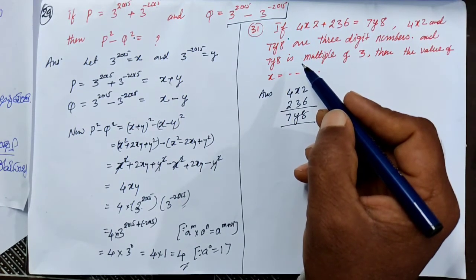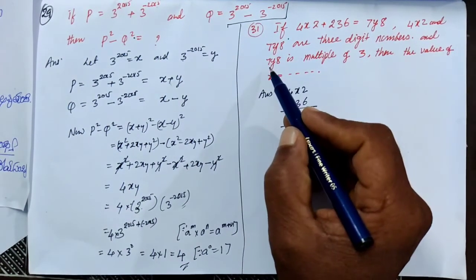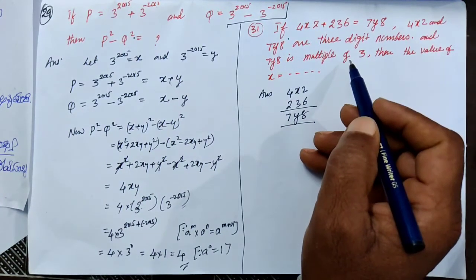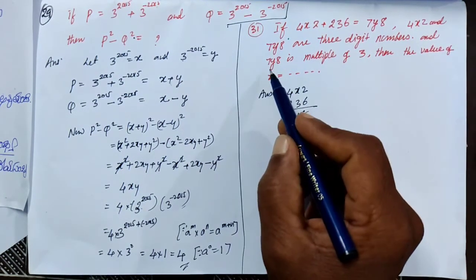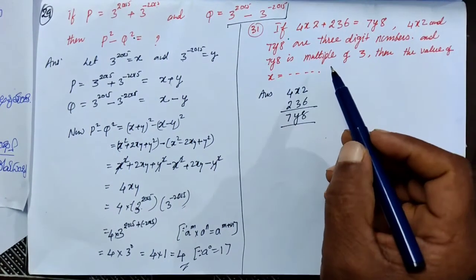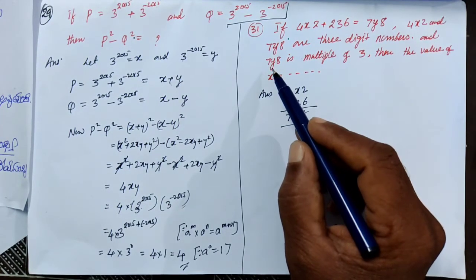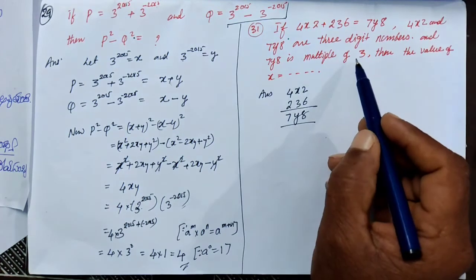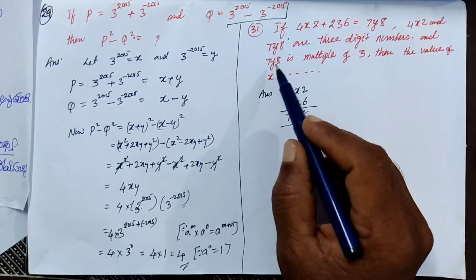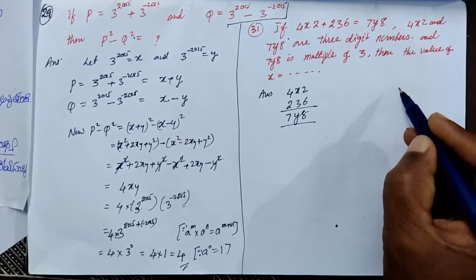If the sum of the digits in a number is a multiple of 3, then that number is also divisible by 3. So if the sum of the digits of the number is divisible by 3, then that number is divisible by 3. Therefore, multiple of 3 means it is divisible by 3. So sum of the digits. What is the sum of the digits?